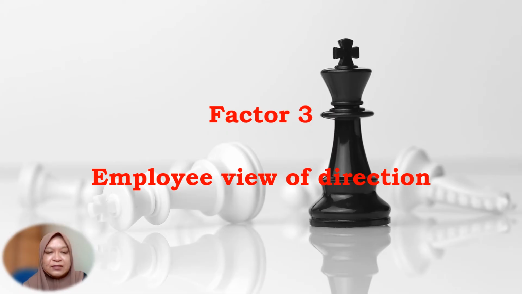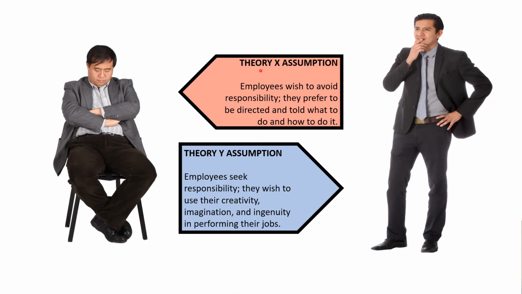Okay, in terms of employee view of direction, what the employee thinks. Under theory X assumptions, employees wish to avoid responsibility, so they prefer to be directed and told what to do and how to do it. Since this type of employee doesn't enjoy work, doesn't want to do the work, if the manager didn't tell them to do the task, they didn't do anything.